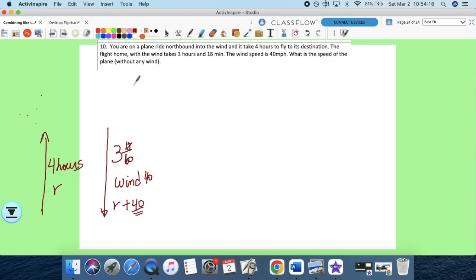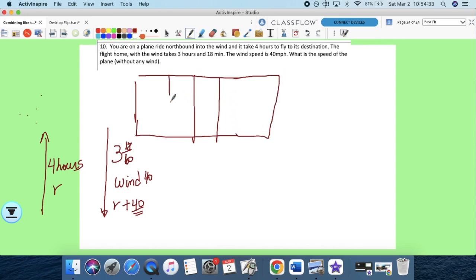All right, so let's set the table. We're going north, and we're going south. I hope you notice that the distances they travel are equal to each other. We're traveling the same distance, just in a different direction.